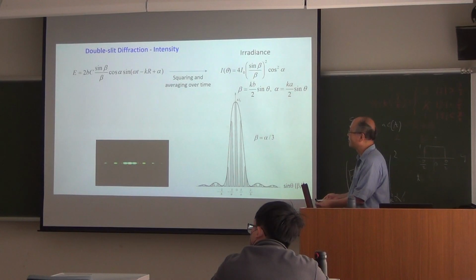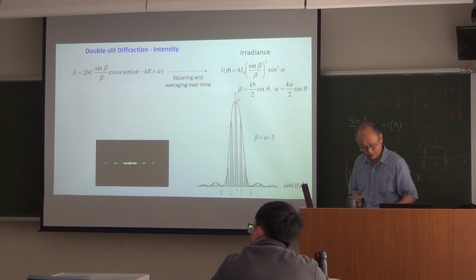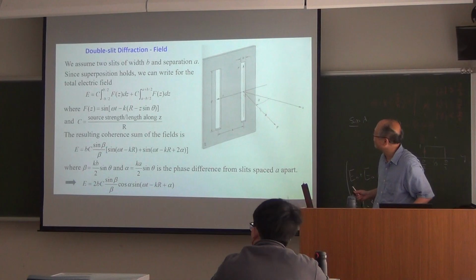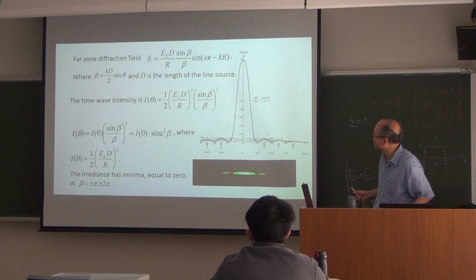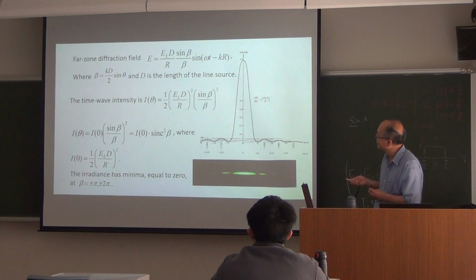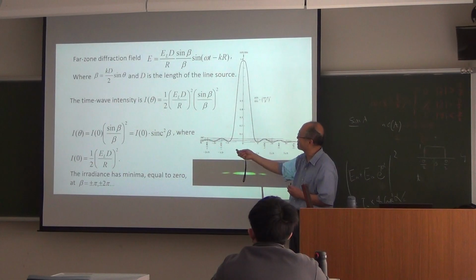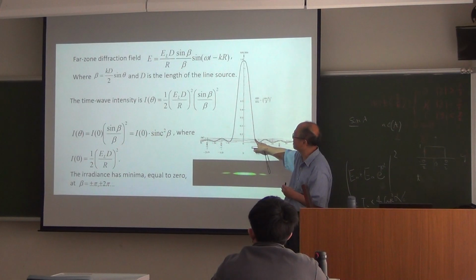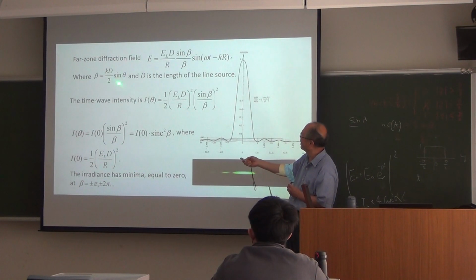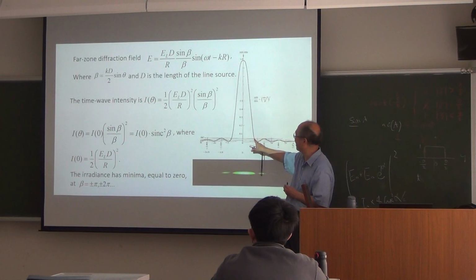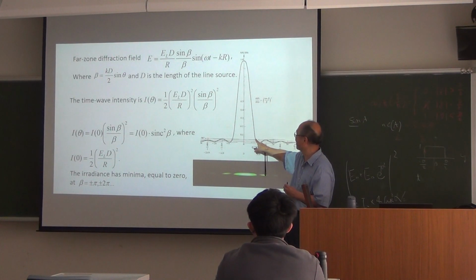When you increase the slit, what is the beta? When you increase this, the width becomes smaller, because this corresponds to beta equal to pi for a certain beta value.